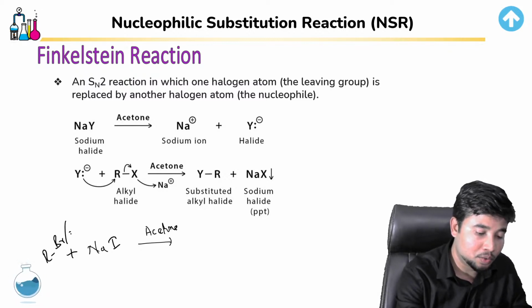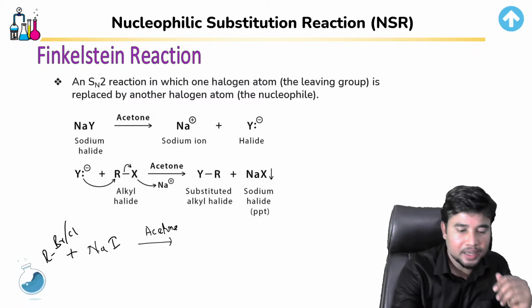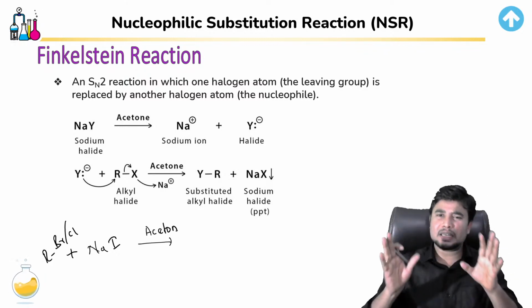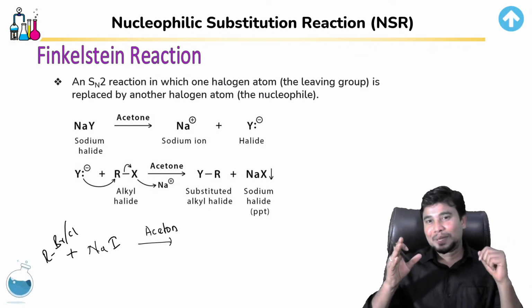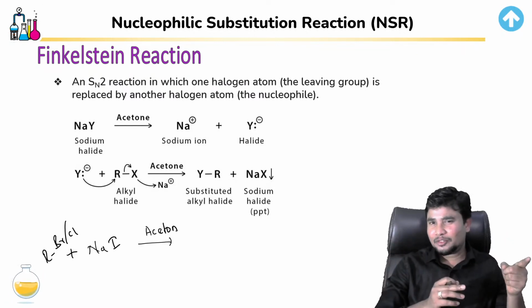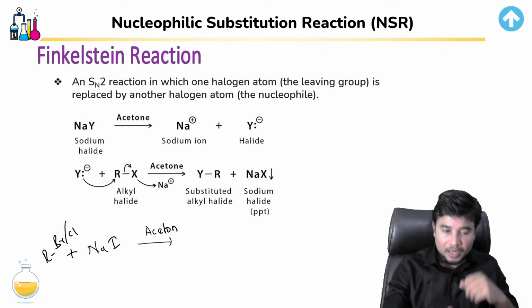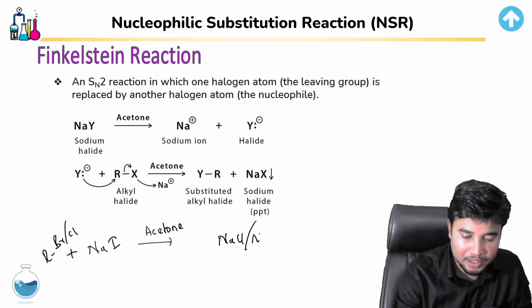Now, in the presence of acetone, it doesn't allow NaI to be stabilized. It just lets it be there. It splits into Na plus and I minus. Now, if this I minus replaces that alkyl group, I mean that R group or Cl group, it ends up forming NaCl or NaBr.